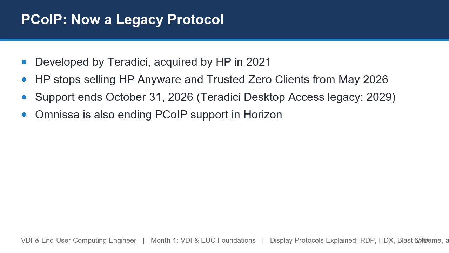Only legacy Teradici desktop access contracts run to October 31, 2029. Omnissa has correspondingly moved to end PCoIP support within Horizon itself. If you inherit a PCoIP environment, your job is a migration plan, not a reason to design new deployments around it.